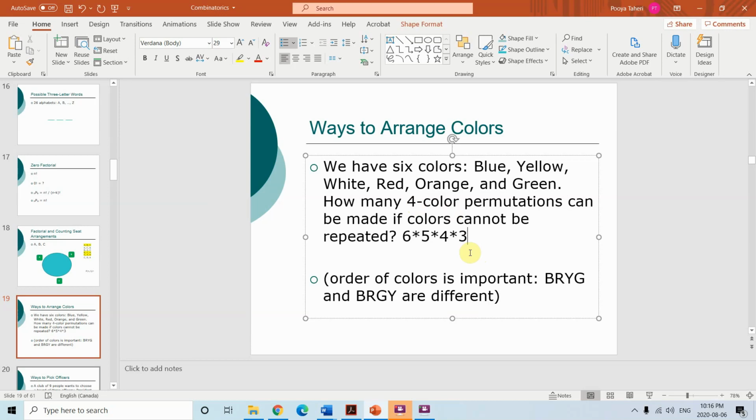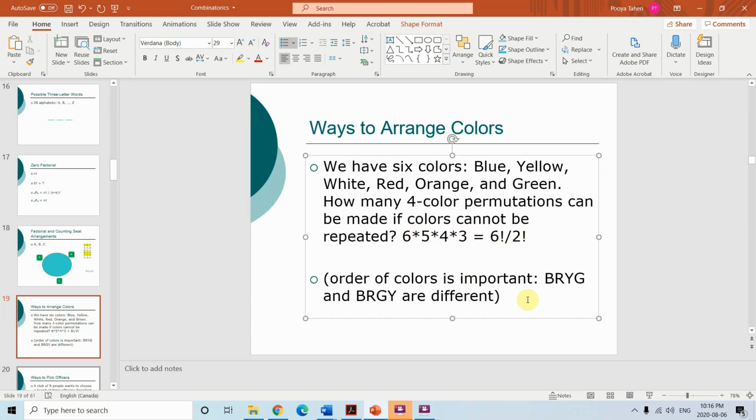Again, this is the same as 6 factorial divided by 2 factorial. If I multiply this by 2 and divide it by 2, I get 6 factorial in the numerator and 2 factorial in the denominator.